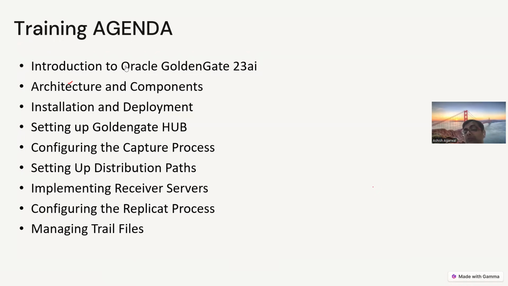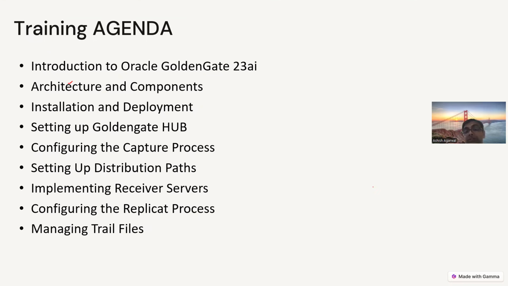So, how many of you have heard about the term GoldenGate Hub? If you have heard about it, type it in the chat window. We'll also discuss how to set up the GoldenGate Hub and what things you need to keep in mind.